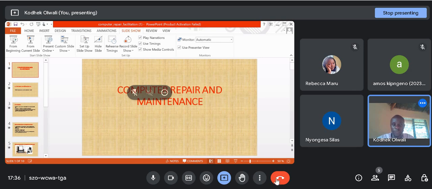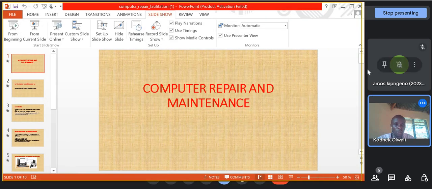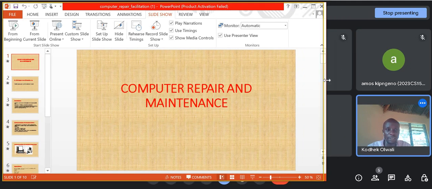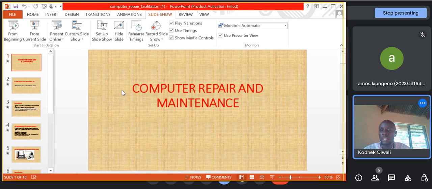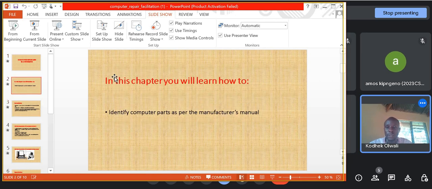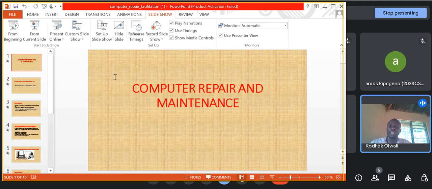So as a start, today we are going to look at computer repair and maintenance. So what is computer repair and maintenance? It simply refers to the idea of ensuring the computer is okay and can work properly to satisfy your needs.